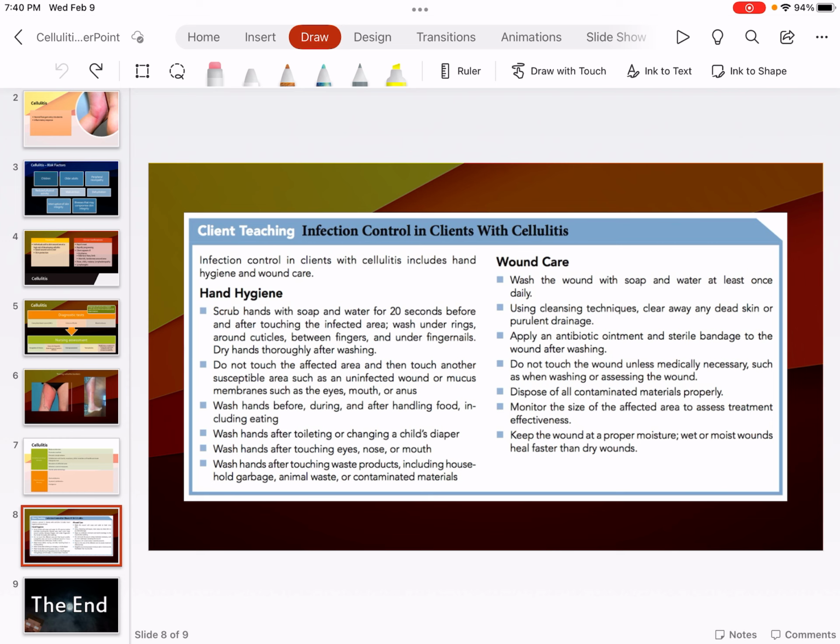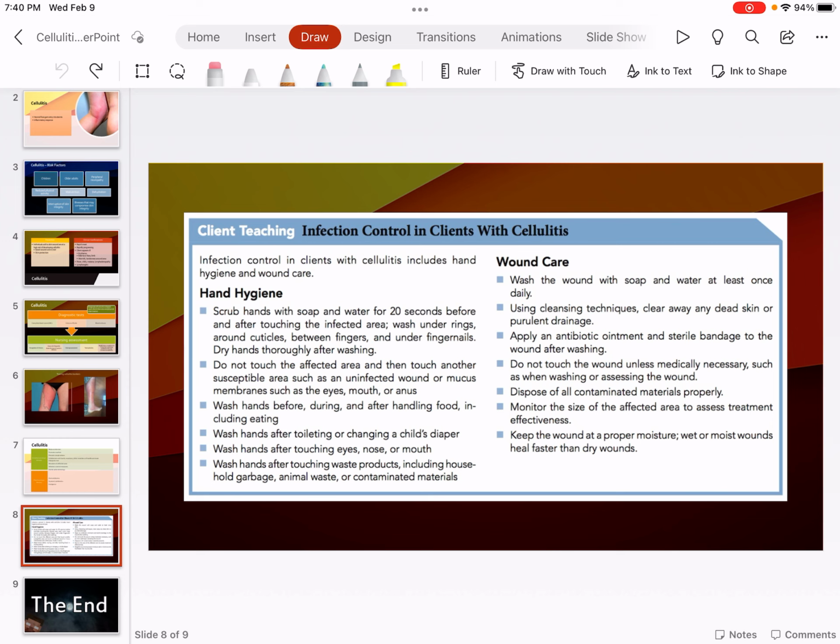And realistically, if this worsens, it can spread even into their bone and cause things like osteomyelitis, which would be an infection of the bone, and that would clearly be not a good situation for this client. It could result in an amputation of a specific area.